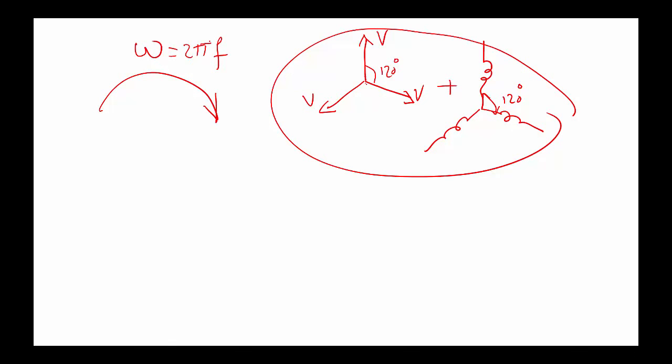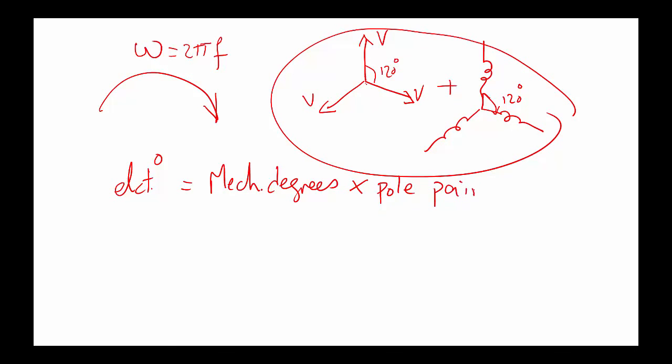The relationship between the electrical degrees and the mechanical degrees, which is what you measure, is that the electrical degrees is the mechanical degrees multiplied by the number of pole pairs of any device.